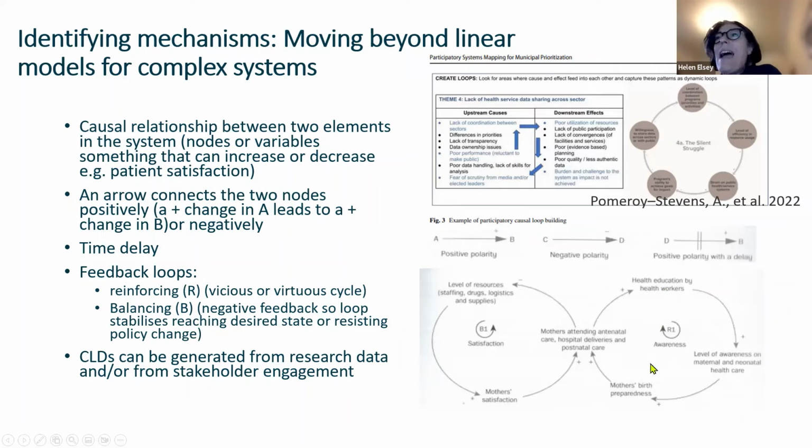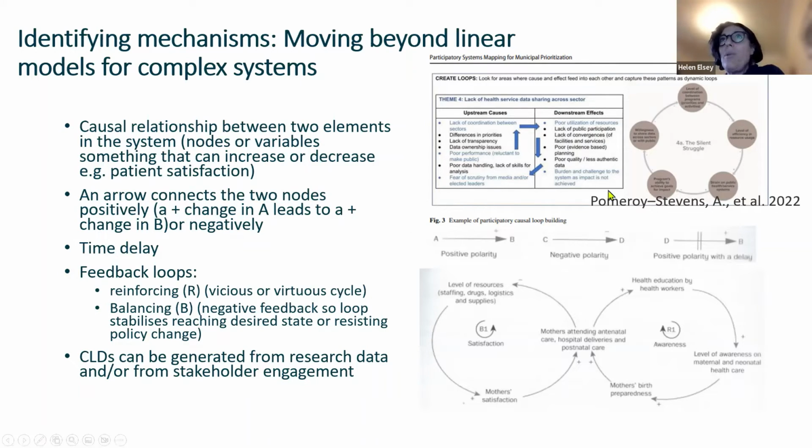whether all the things that might happen help to reinforce in a positive way, or whether they lead to more unintended consequences. So doing this kind of analysis really helps to identify the most effective changes within the health system and helps us to avoid some of the unintended consequences.